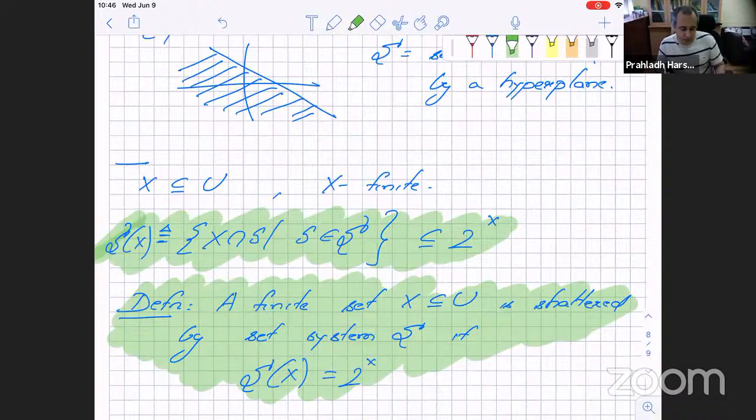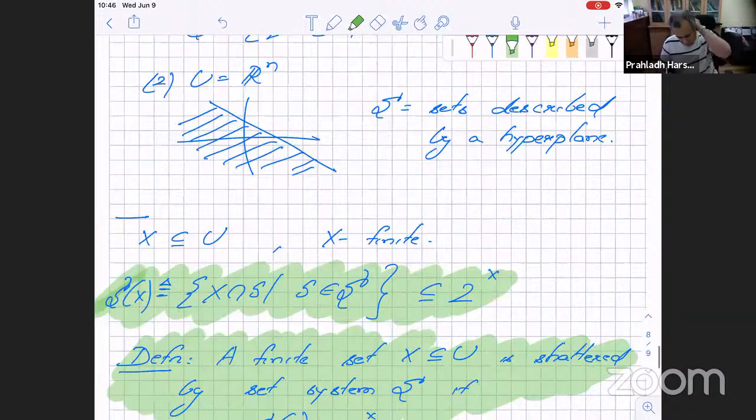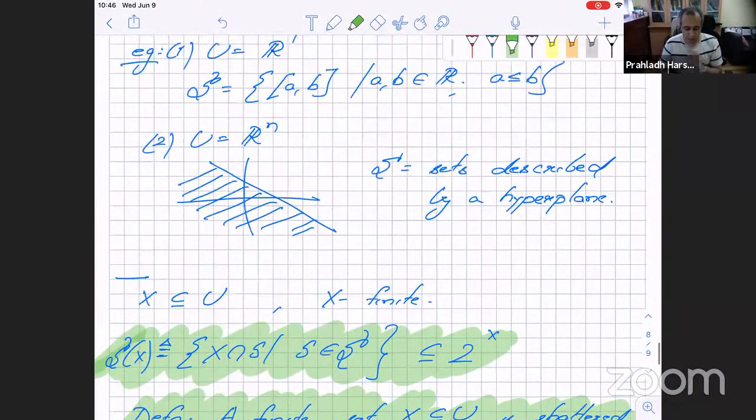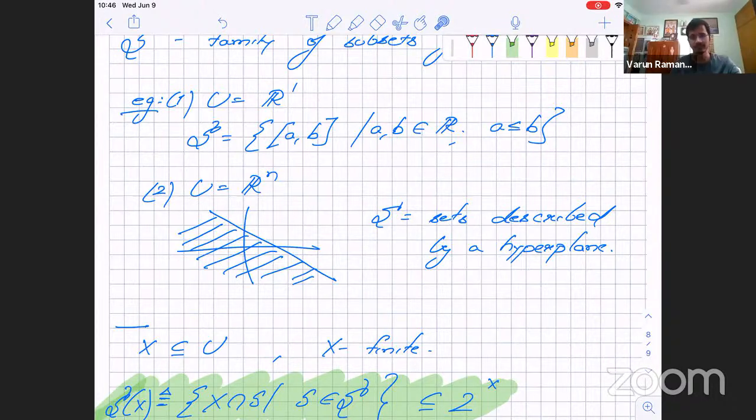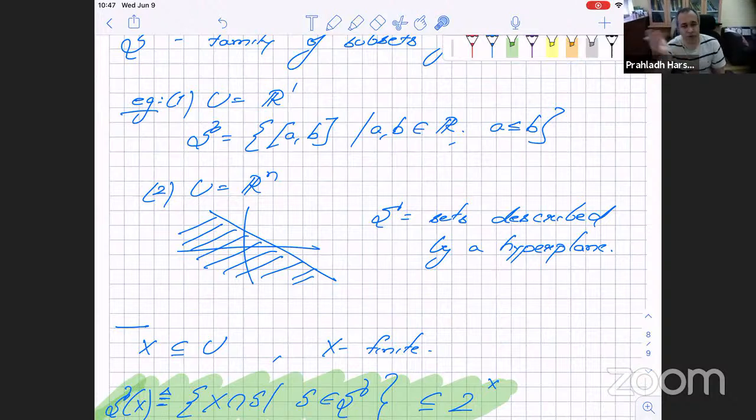Okay, let's go back to our examples to get a handle on this. Let's look at the first example. Suppose I give you a set of 2 distinct points. Is it shattered? Yes, you can take some interval which covers only 1 point, and some interval which covers 2 points. So you can give me an interval which covers 1 point, 0 points, or 2 points.